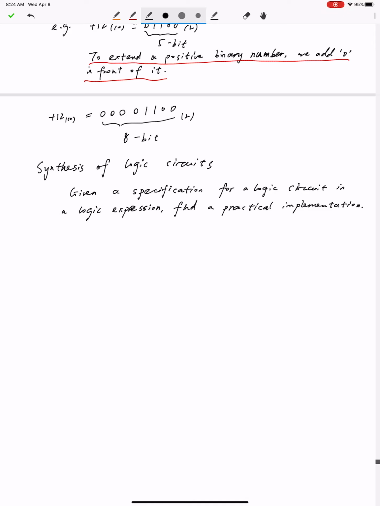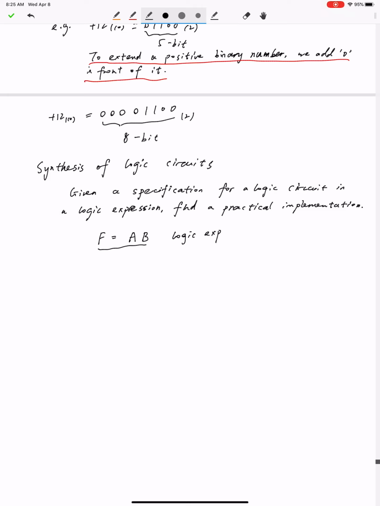So what does this sentence mean? Given a specification for a logical circuit in a logic expression, find the practical implementation. For instance, if I tell you F equals A times B, okay? F equals A times B is a logic expression, right?